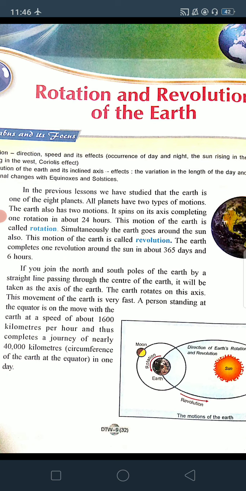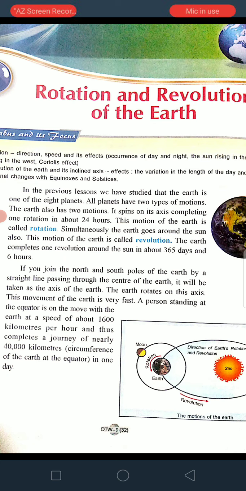That is the axis of the earth, and the rotation of the earth about this axis in 24 hours is known as the rotation. Simultaneously the earth goes around the sun. As all planets move around the sun, the earth also moves around the sun, and this movement of the earth around the sun is known as the revolution, which it completes in about 365 days and 6 hours.